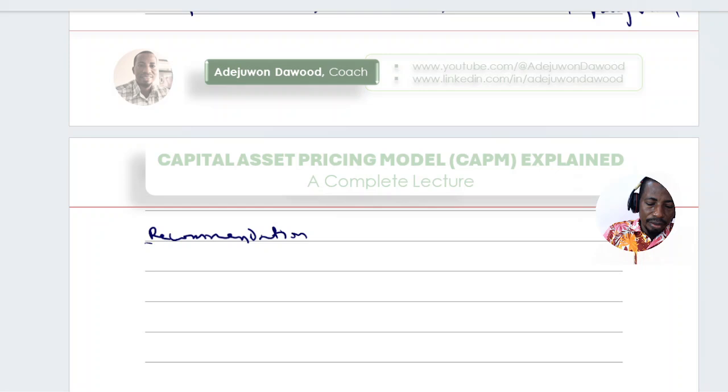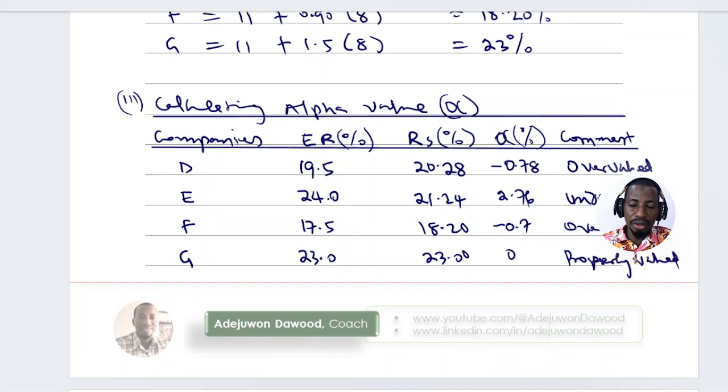Recommendation, figure 1. You will notice that the investments in D and F are overvalued.